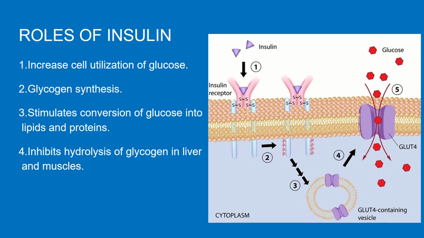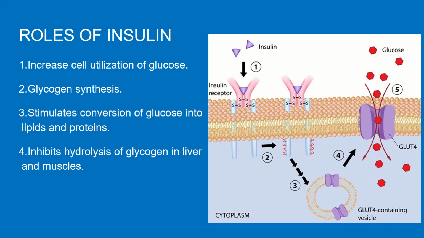Roles of insulin hormone. Under normal condition, when glucose concentration in blood is high, such as after a meal, beta cells secrete insulin. Insulin decreases blood glucose levels in a variety of ways, which include: number 1, it promotes the uptake of glucose by the body cells, thus increasing cell utilization of glucose.